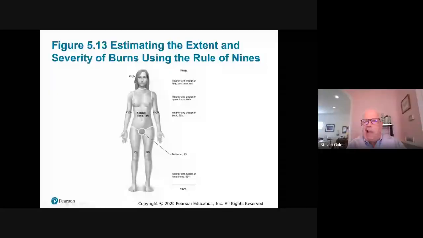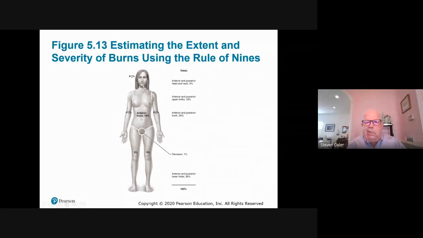The total is 9%. So if you have your head and neck burned, that's 9%. The front of your trunk is 18%. The back of your trunk is 18%. So 18 and 18 is 36%.